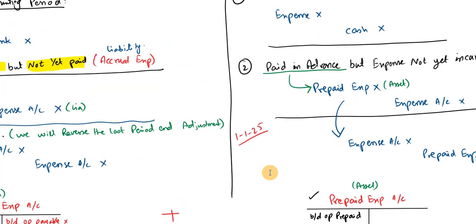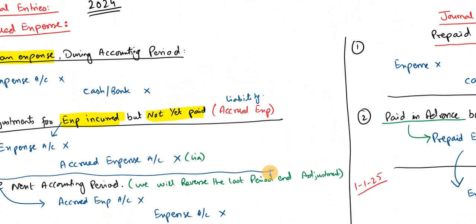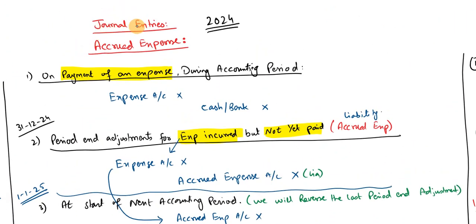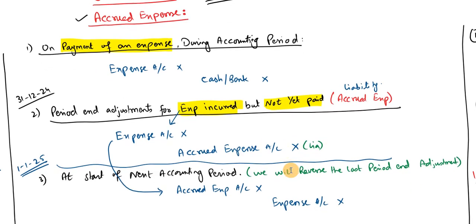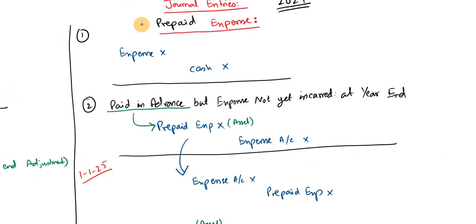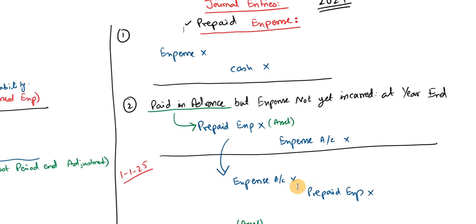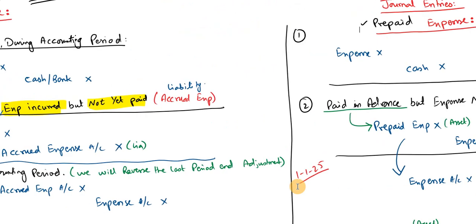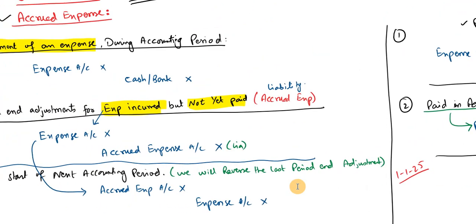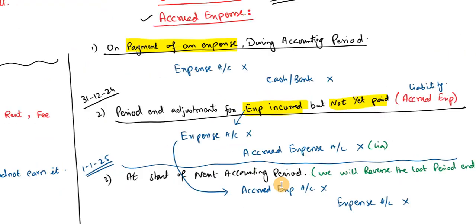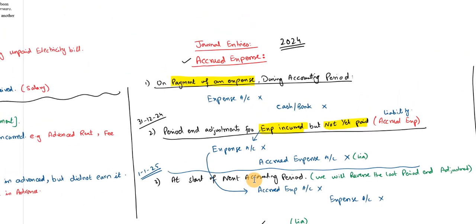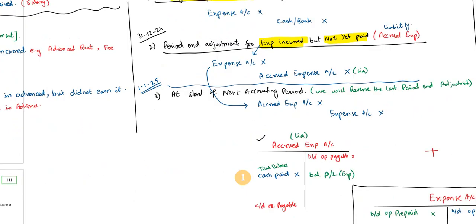We also discussed journal entries related to accrued expense and prepaid expense. Now we have done approximately all the chapter except accrued income and unearned income. In the next class we will solve some practice questions. It will be easy for us to calculate them because we have already done the crux of this chapter.